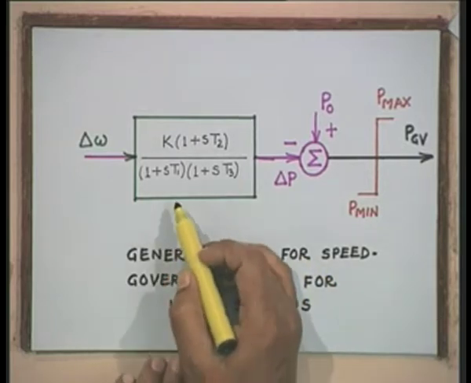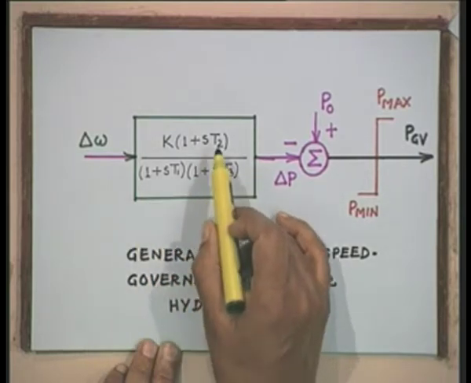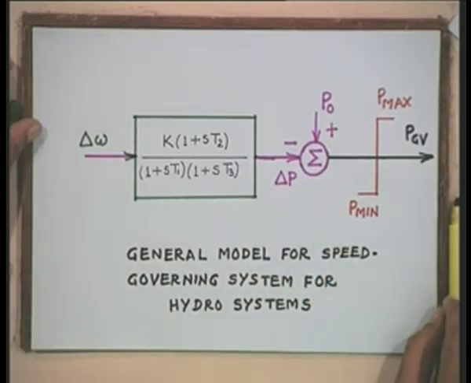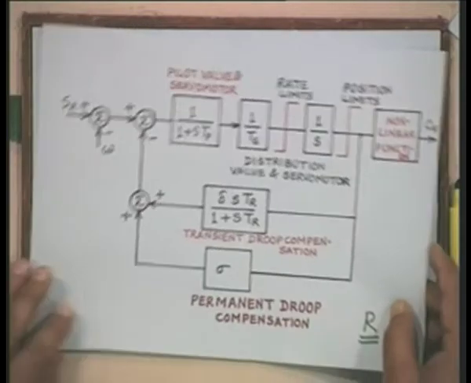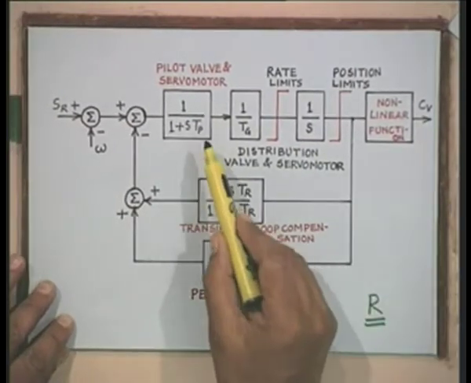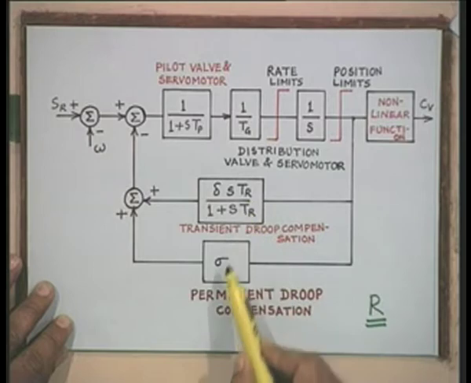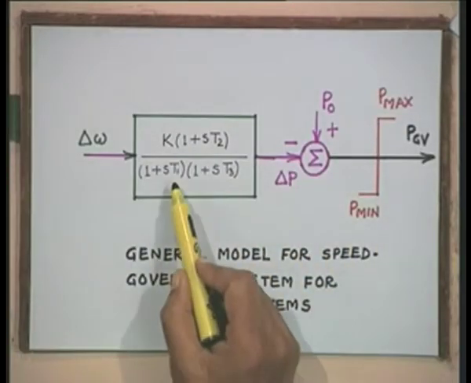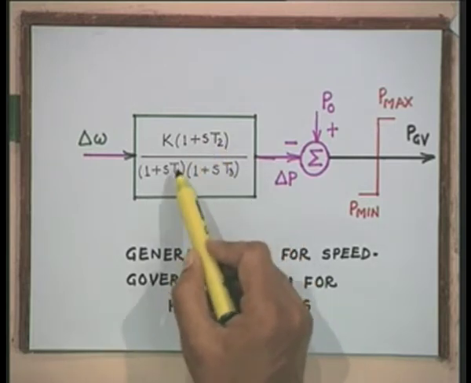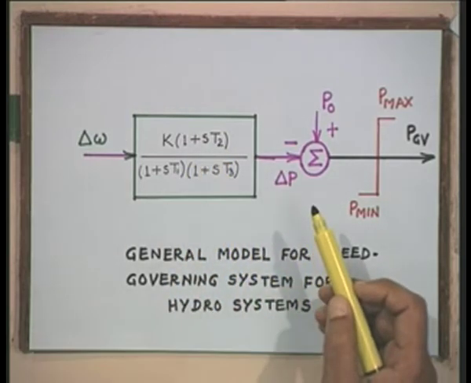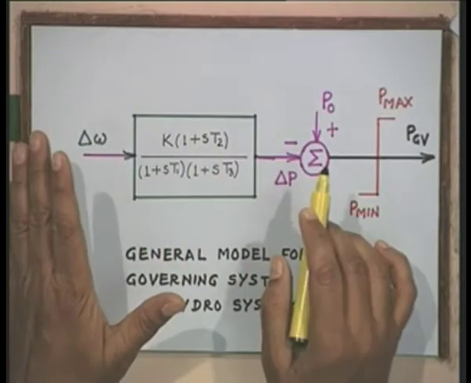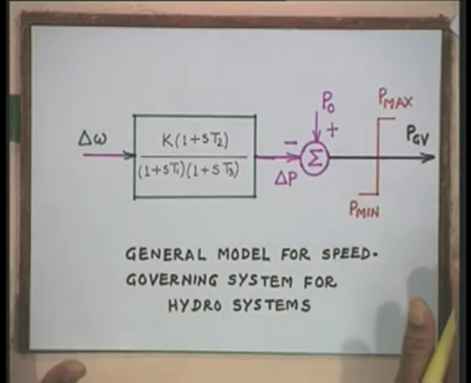Now, these time constants T1, T2, T3 can be obtained from the typical values which are given here for Tp, Tr, delta, sigma and Tg, and so on. That is, these time constants T1, T2 and T3 are related to the parameters of this governor, okay, and this is put in the simplified form for the purpose of simulation studies.